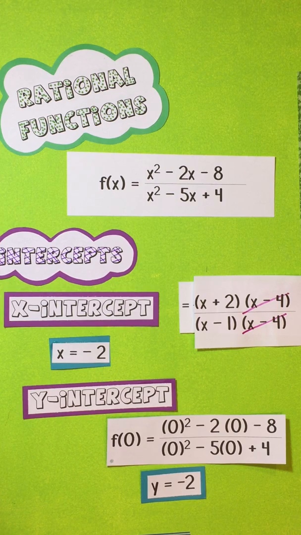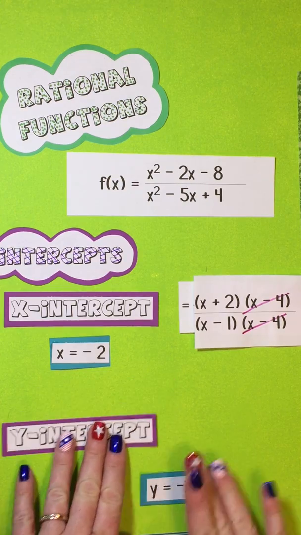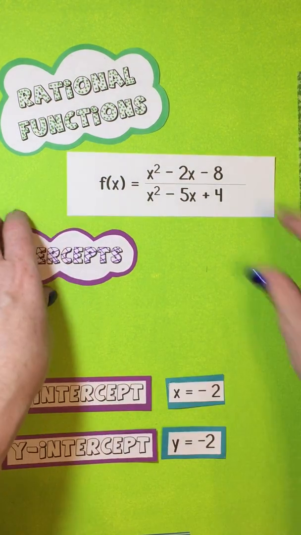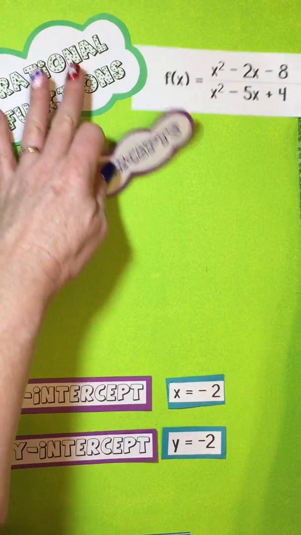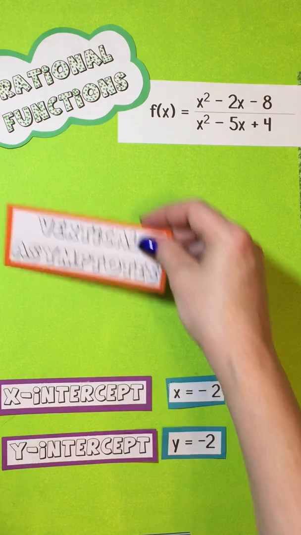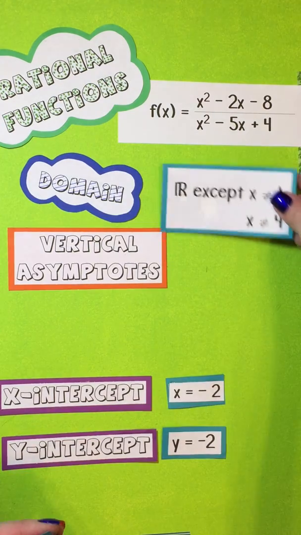We're going to take all of these pieces of information and plug them in. We've got our y-intercept, we've got our x-intercept, there's our rational function. Can we see all that? I think we can. We have a vertical asymptote, and here's our domain.